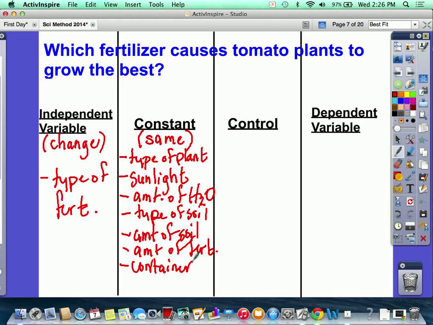I see a hand going up back there, Tavia. The iron bars. The what? The iron bars. My dad, when he grows tomato plants, he puts these bars around them so it won't grow out. It's like a cage that they support them with.